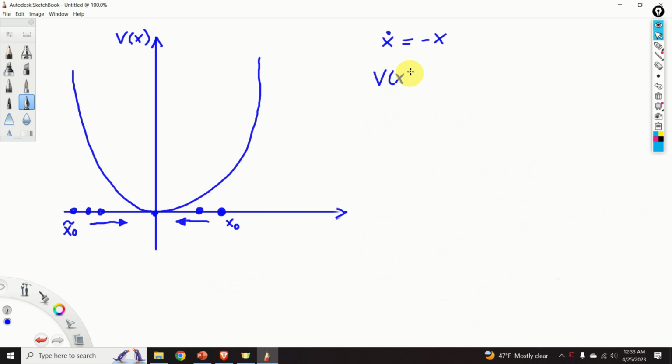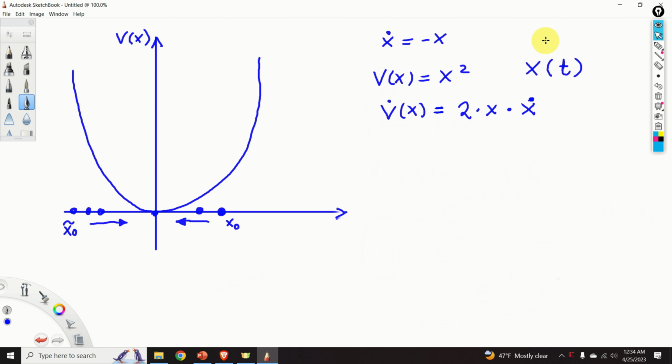V of x is x squared, since I selected my Lyapunov function to be a quadratic function. Let us compute the first derivative of V. The first derivative is 2 times x times x dot. Here we are using the chain rule to compute the first derivative. This is because we assume that x is actually a function of time. And keep in mind this thing. This is very important.